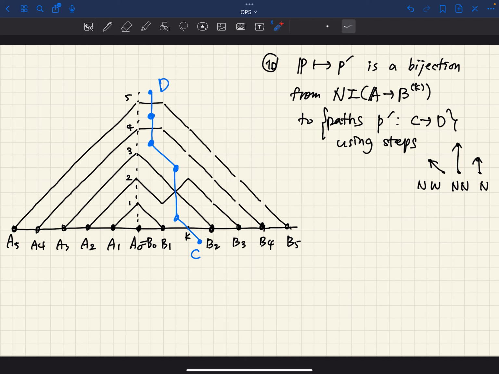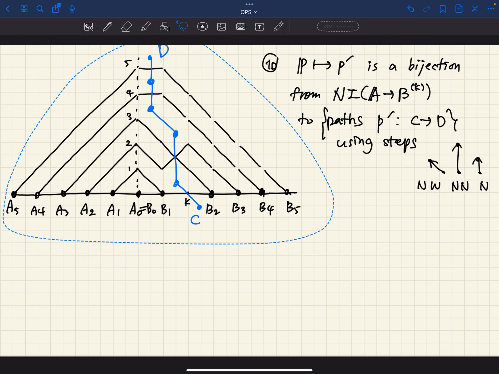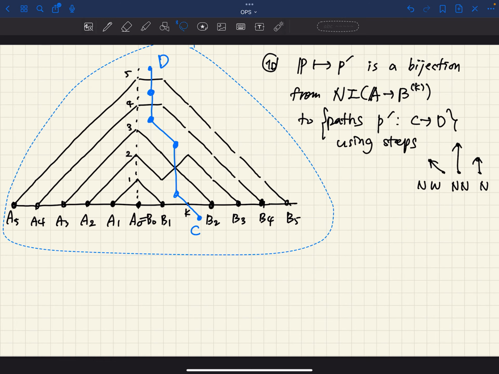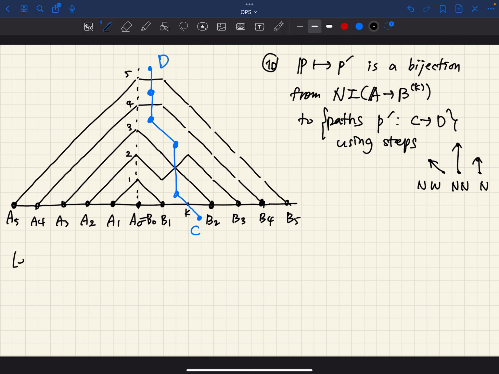And an interesting thing here is that we have a nice weight structure. So, lemma. Suppose P corresponds to this P prime.